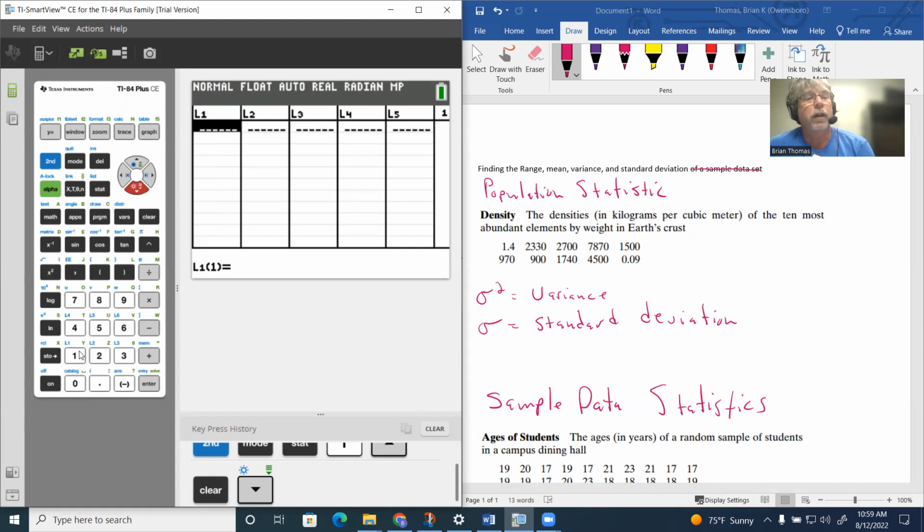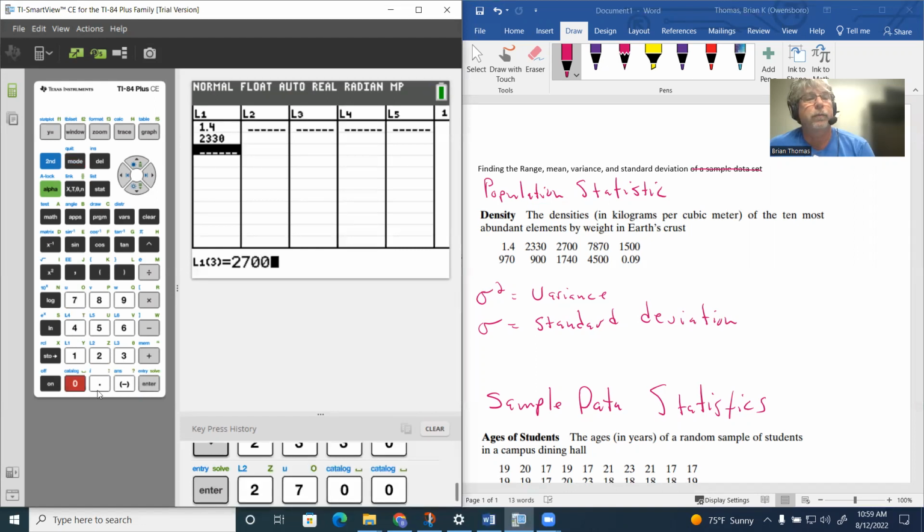So if I enter the new data, which I got: 1.4, 2330, 2700, 7870. Oops. That looks good. 1500.